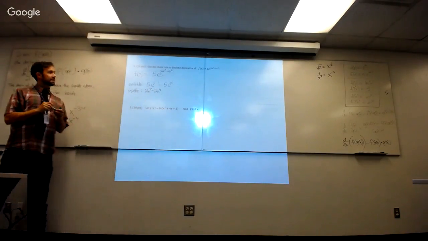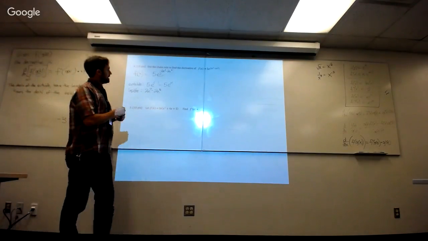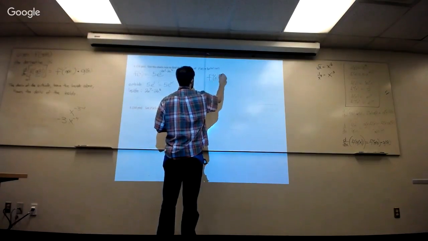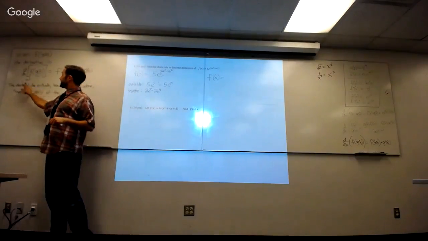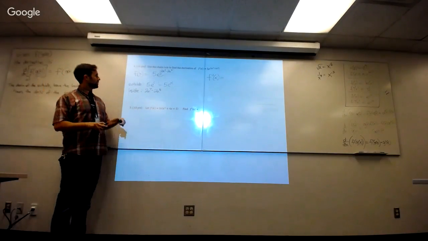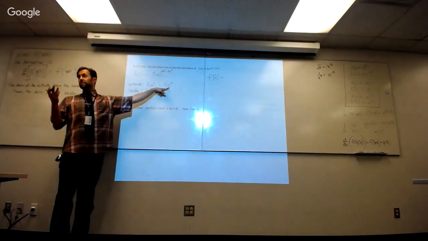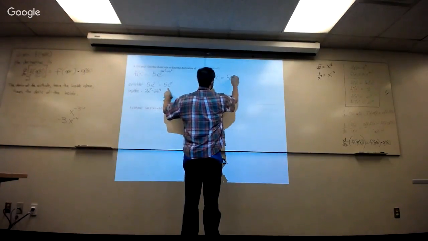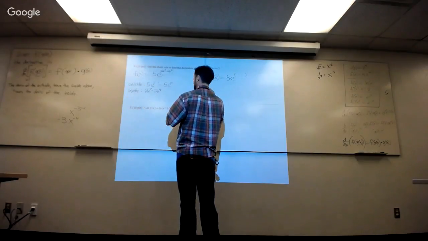So we have the inside function, we have the outside function. So how do we take the derivative? The chain rule states that you take the derivative of the outside function. Well, what was our outside function again? 5e to the x. What's the derivative of 5e to the x? 5e to the x. So the outside function stays the exact same, and the chain rule states take the derivative of the outside, leave the inside alone.